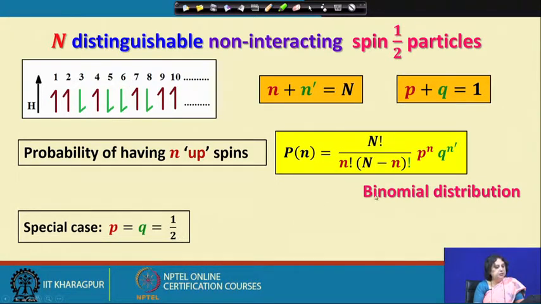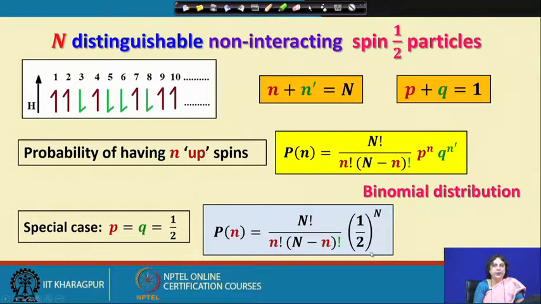In that case, the binomial distribution takes the following form, where you have this coefficient and then you have half whole raised to the power of capital N. Now, let us have a look at the consequence of having this binomial distribution and how we can use these concepts in understanding the number of microscopic states that are possible for a given macrostate, and what would be the outcome of a measurement that I make on a system comprised of capital N distinguishable non-interacting spin half particles.